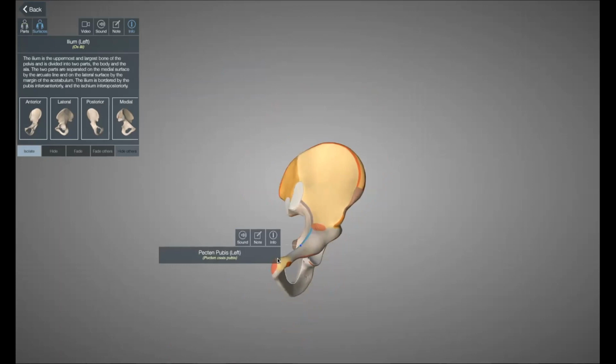So you see, all of this continues and makes the inlet.